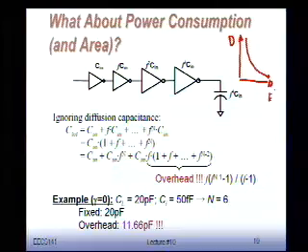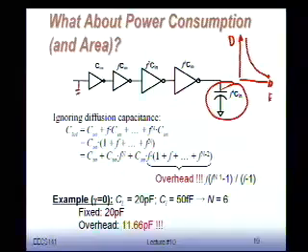So if I have this big chain here, and I want to figure out the overall capacitance, well, you have your load capacitance. That's a given. I cannot change that. I have my input capacitance. I cannot change that. But you can see that all those extra capacitors here are overhead. What I'm doing is adding extra capacitance to drive this load capacitance as fast as possible.